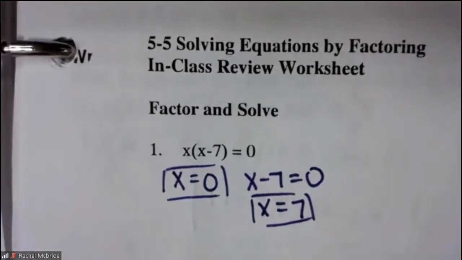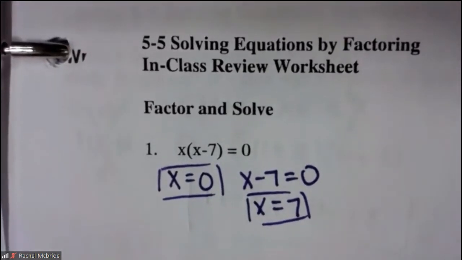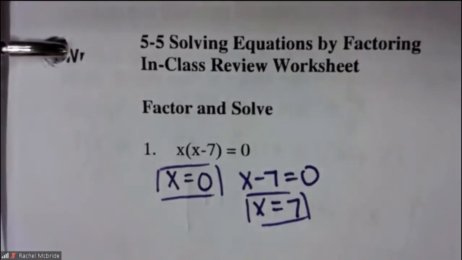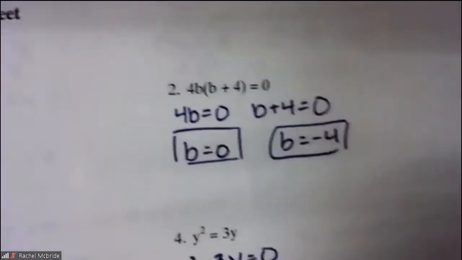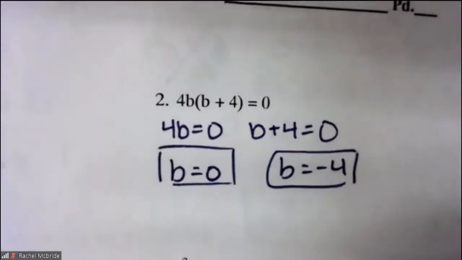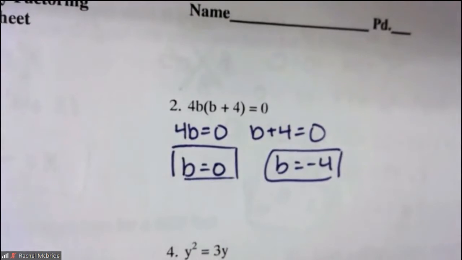I want number 2. I heard the 0. The 0 is correct. What was your other number? Perfect. So number 2, you got 0 and negative 4.